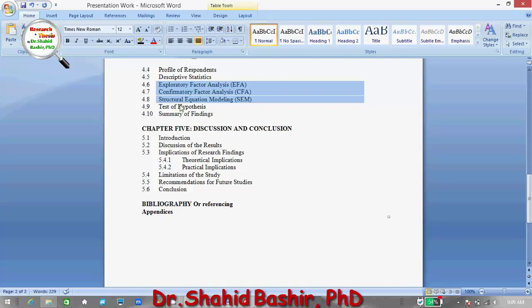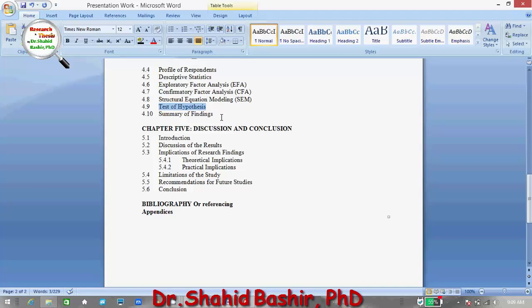These three tests are usually done for the testing of validity, although there can be some other tests as per the requirements of the researchers, but here I will be discussing precisely these three tests to check the validity of the data. So then we have a test of hypothesis. Under this test we have some specialized tests.